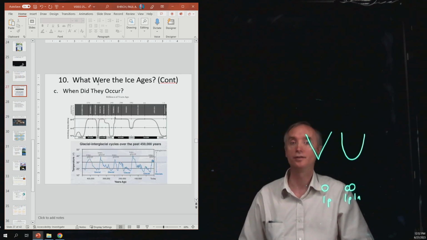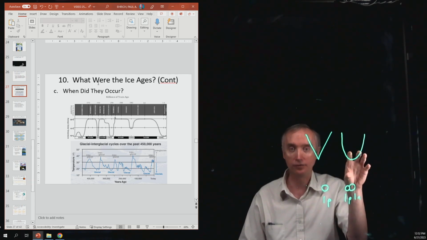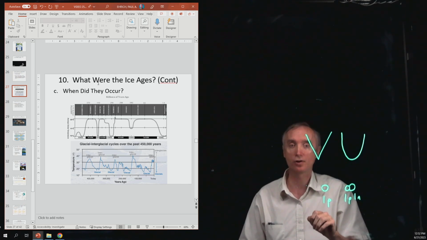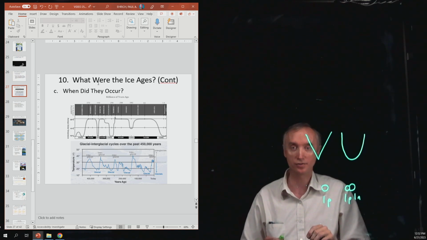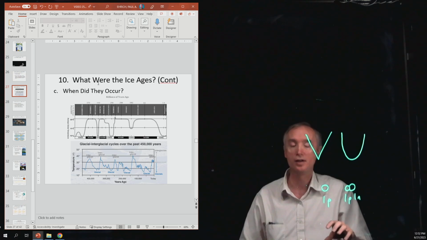Okay, so when did the ice ages occur? These dates come from radioactive dating of sediments. The top graph shows you when the ice ages occurred throughout geological history. So over billions of years, there have been times when the Earth has been covered in ice.